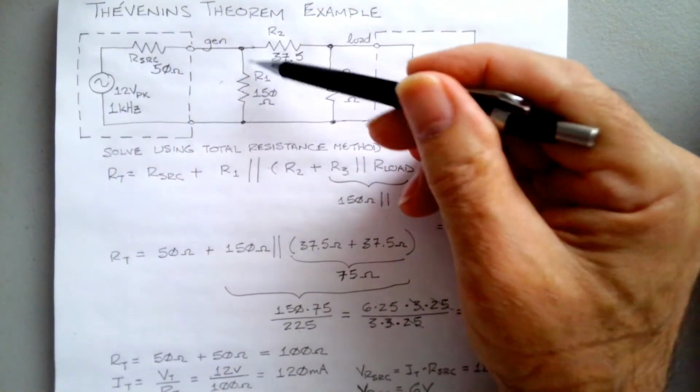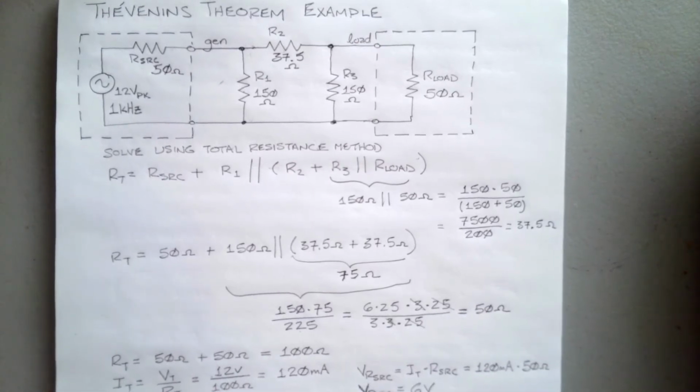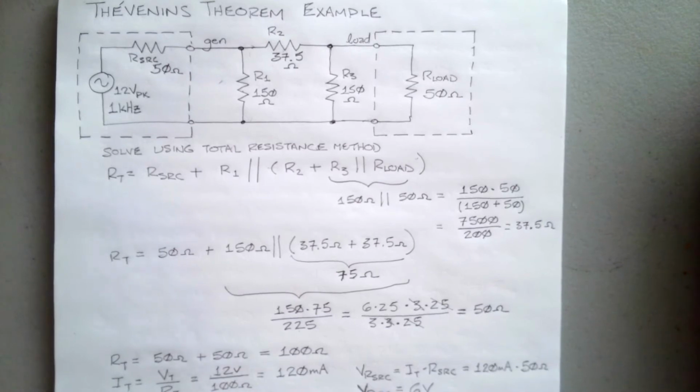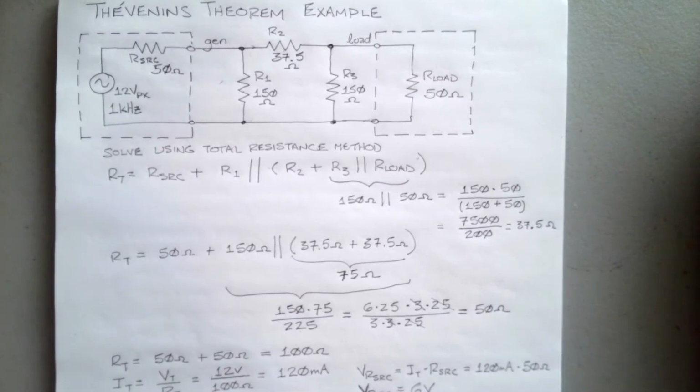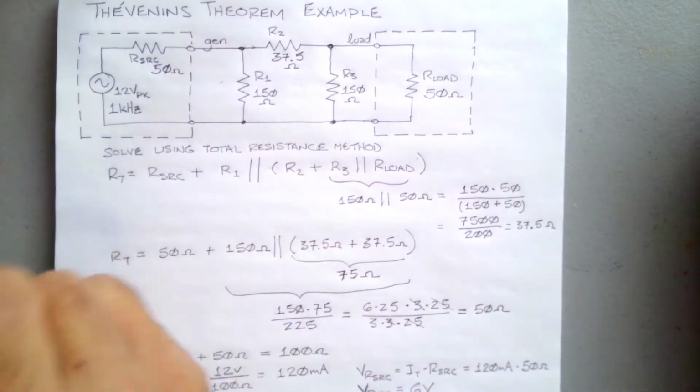So now we have 6 volts across R1. So now I can go calculate the current through R1, which is going to be equal to the voltage across R1 divided by R1, and the voltage across R1 is V gen. You just saw that, V gen from there to ground, if you will.